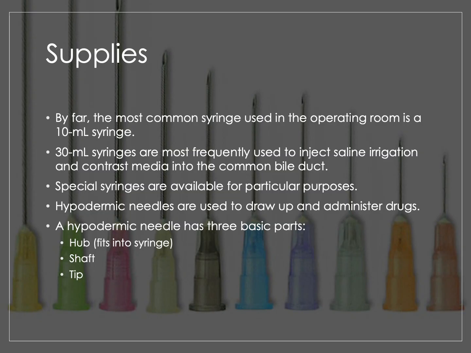So the most common type of syringe tip that is used in surgery is called the Luer lock tip. There's also the slip tip where the hypodermic needle just pushes on and it pulls off.